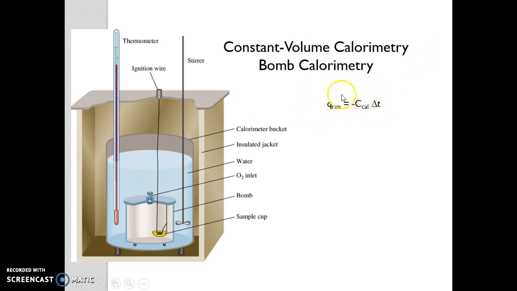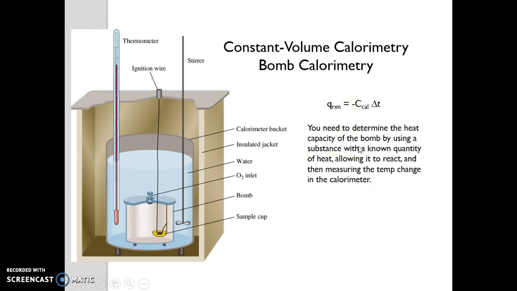And so to figure out the energy of the reaction, if you know the specific heat of the calorimeter, it's really easy to do. But you've got to figure out the specific heat of the calorimeter first. So to do that, you've got to use a material that you know the enthalpy of.